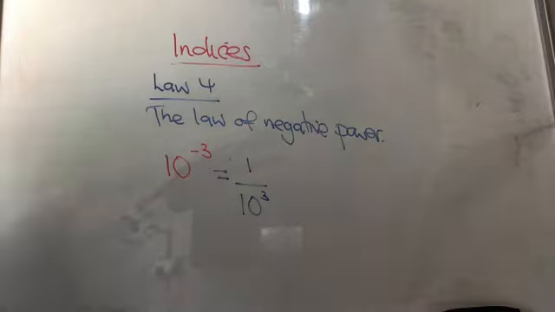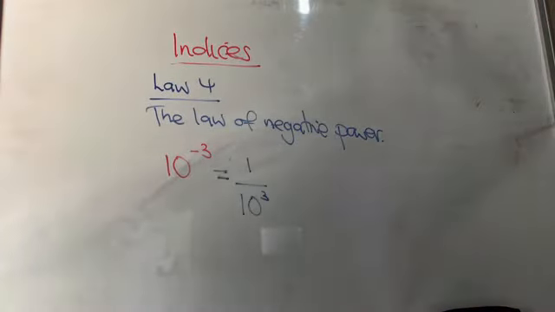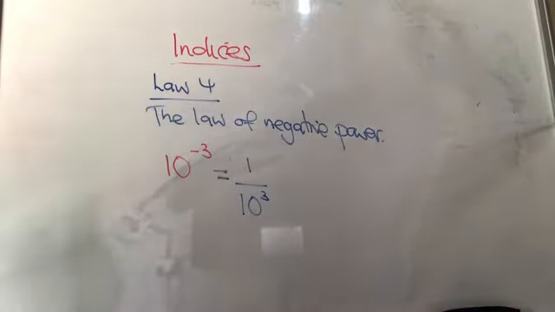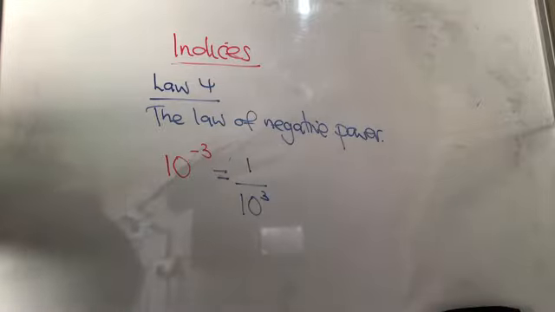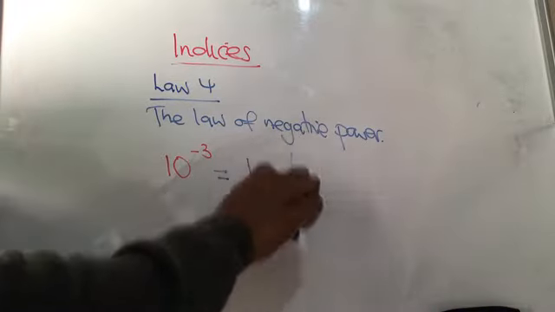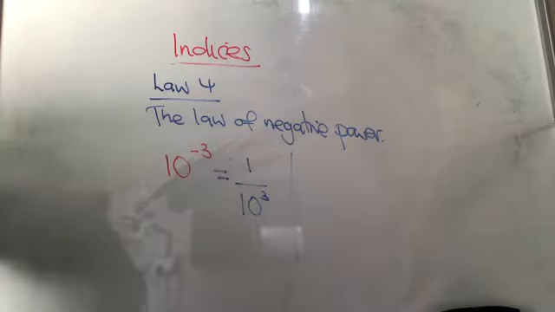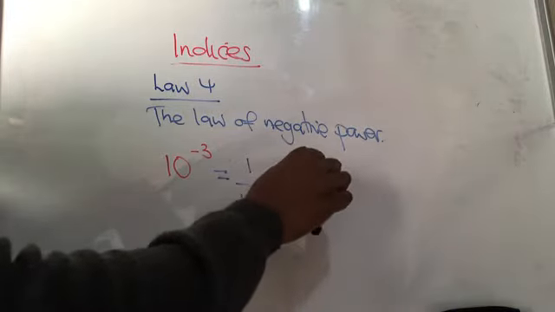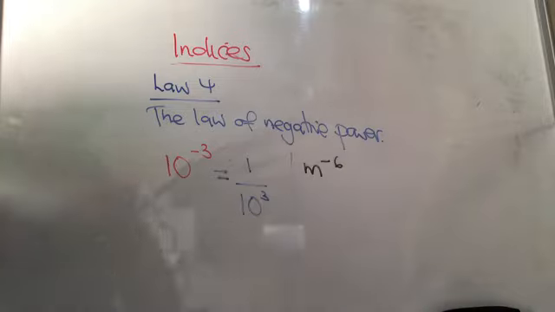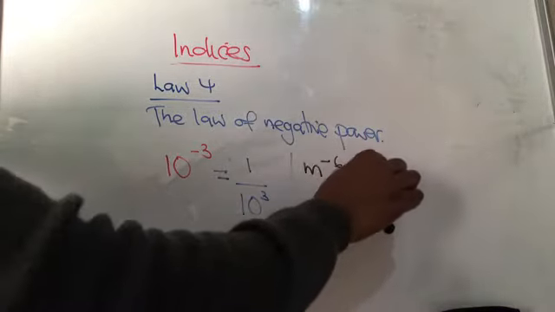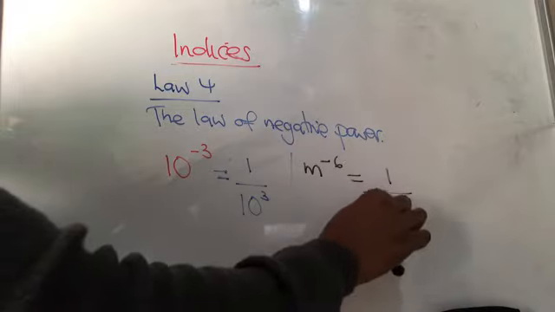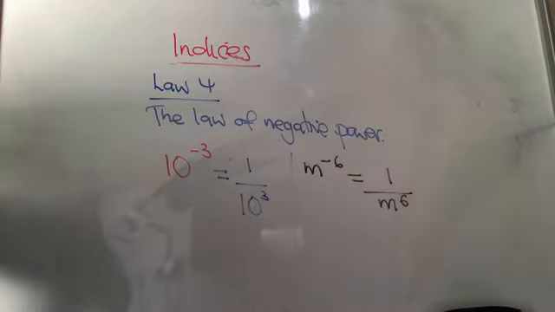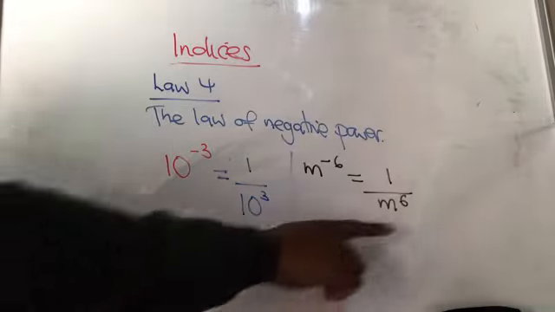I'm going to repeat because I know many are boggled now. They say, but what is it that he's saying? Let's have another one. m to the power of minus 6 is equal to 1 over m to the power of 6. Can you see the bottom number becomes a fraction?